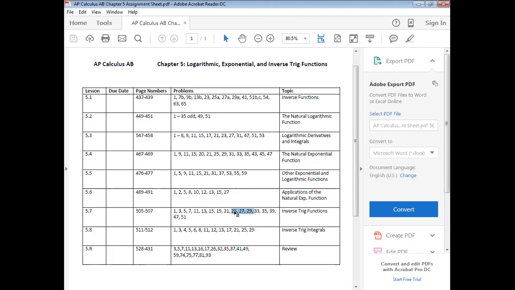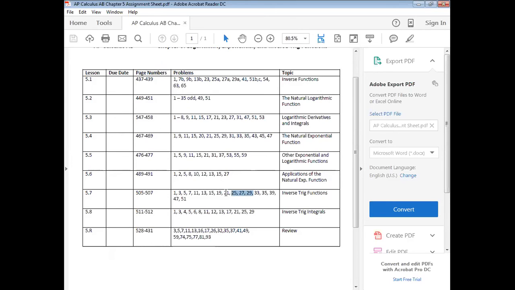Maybe just put them on your graphics calculator. I don't need you to sketch them. So basically 25, 27, and 29 give you an inverse sine, an inverse tangent, and an inverse cosine. But there's phase shift and a period change, and they want you to graph them. Just plug them into your calculator and see what they look like. I do not see that you're going to have to do that on the AP test. So don't do those. And then starting with 33 is where you're actually finding derivatives.